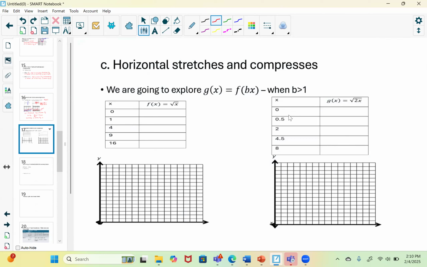Okay, so the last one is when b is greater than 1, like 2x. So I'm going to do the square root of 2x with this function.